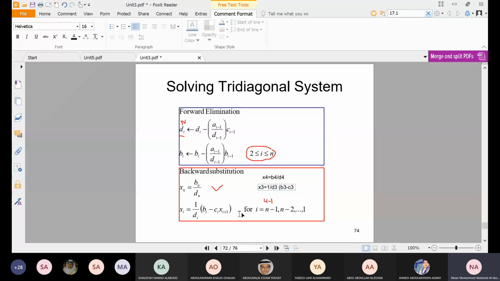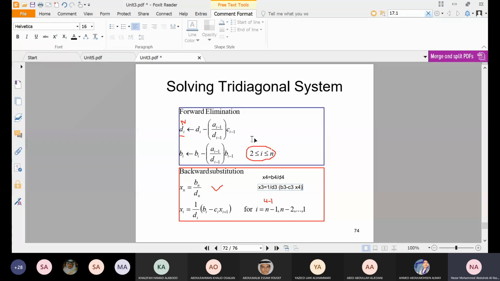So i is 3, so I have x4. So in this algorithm, by knowing the value of x4, I know c3, b3, and d3. From the matrix, I compute x3. I will do the same for x2. So for x2, I have d2, b2, c2, x3.